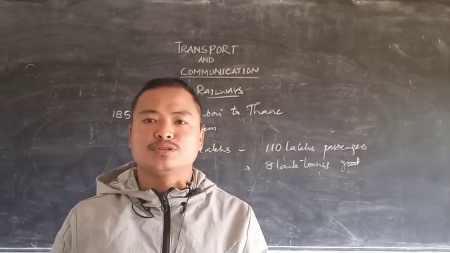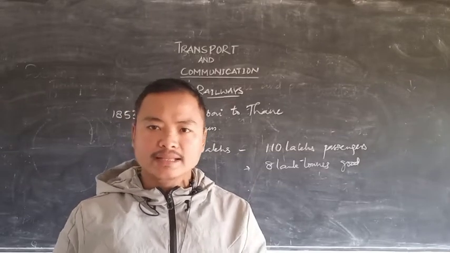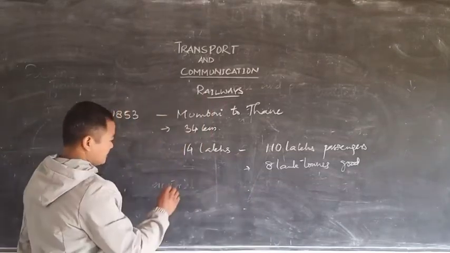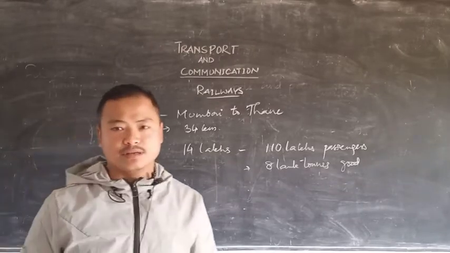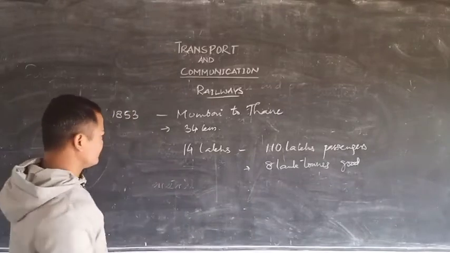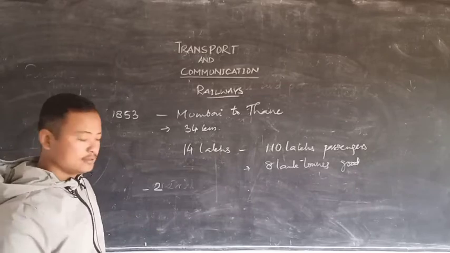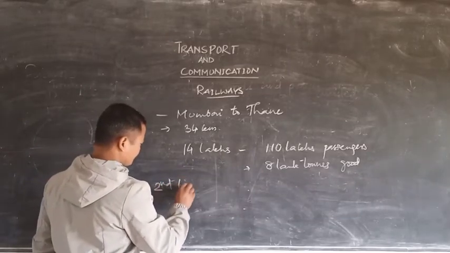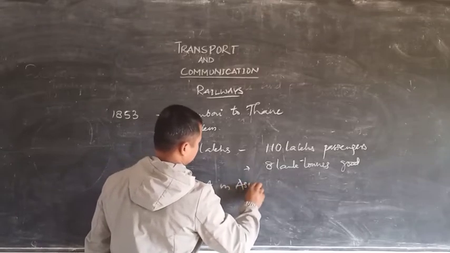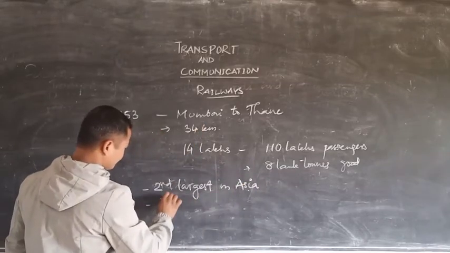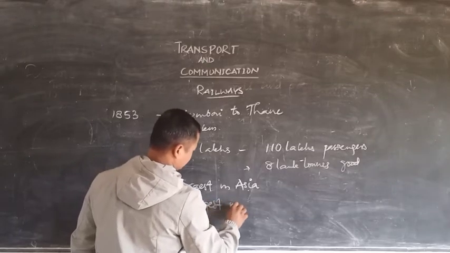And this is only possible because of the expansion that railways have made over the years. Hence, we see that railways in India, which is a very important lifeline to the country, is considered to be the second largest network of transport in Asia and the fourth largest in the world.